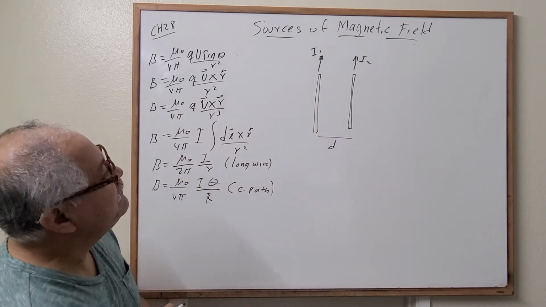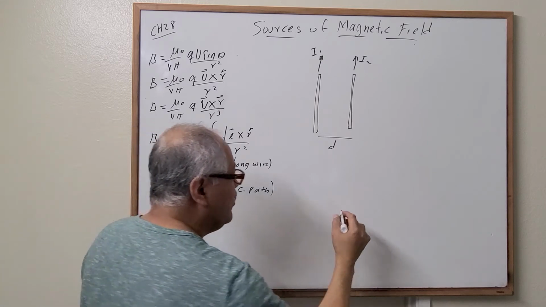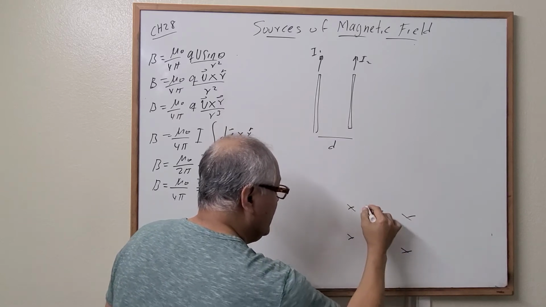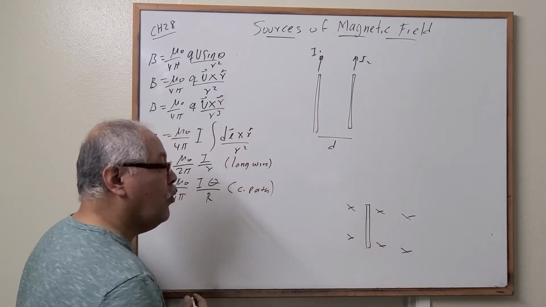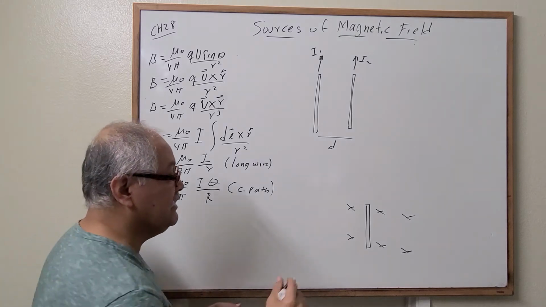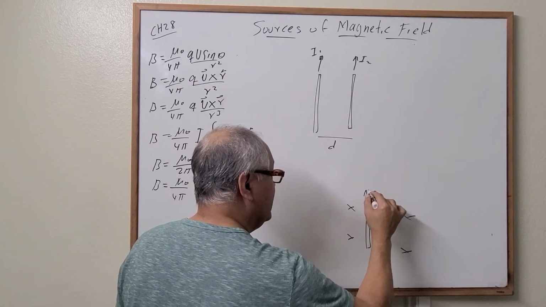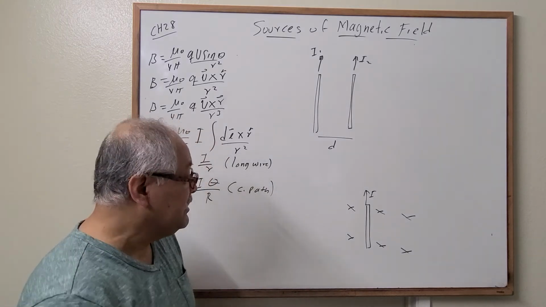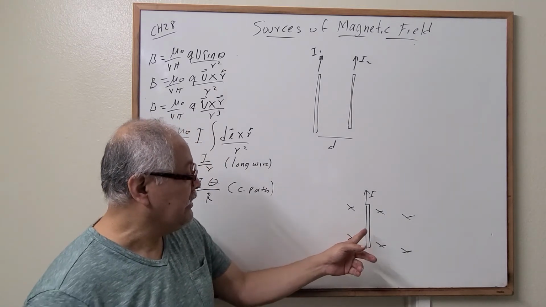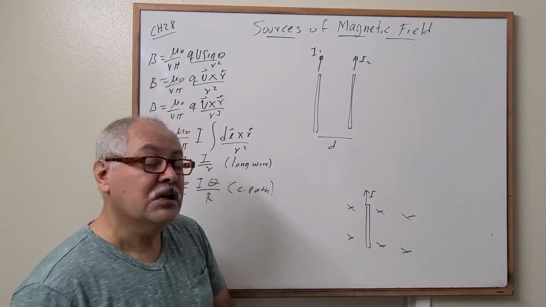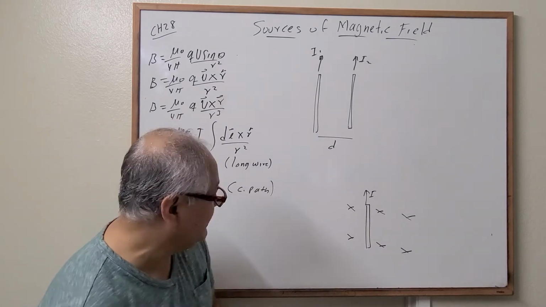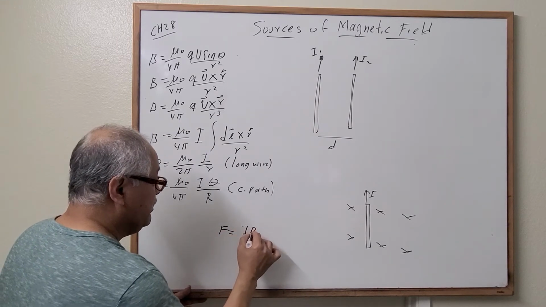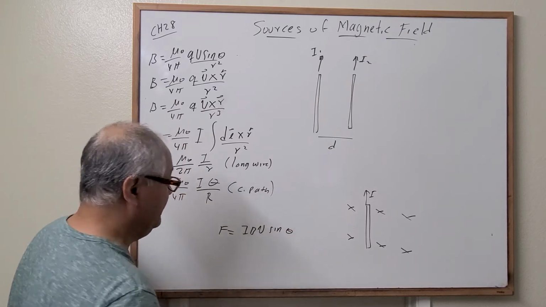Remember, when we have a wire carrying a current inside of an external magnetic field, we found that when we use the right hand rule, there's a force acting on this wire, and we found last time that the force is equal to the current times B, times sine theta.